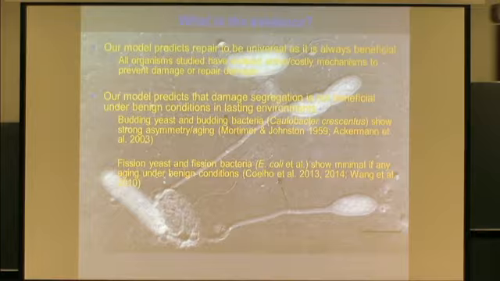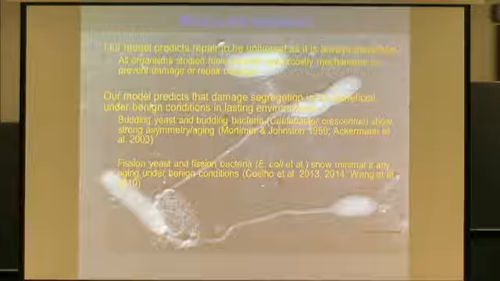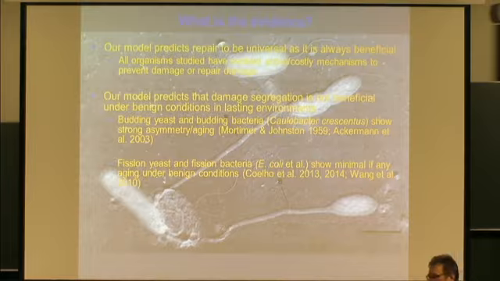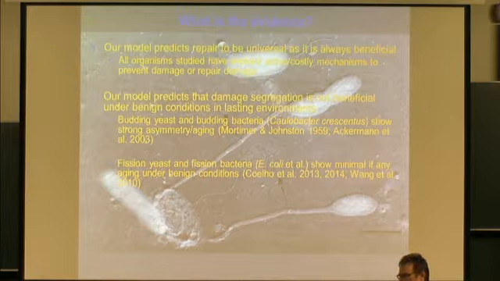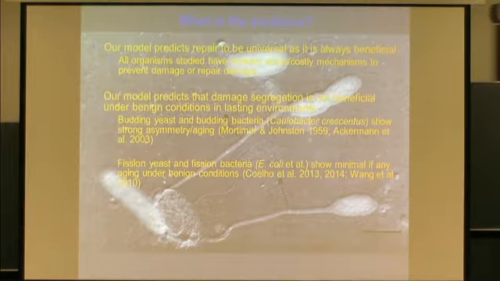So in order to explain these differences in the observations, we think that you need to consider the ecology of the organism, because if the organism lives in a short-lived environment, there's no point in being long-lived yourself if the environment is not long-lived also. And that is true for these two organisms here. They live in short-lived environments.